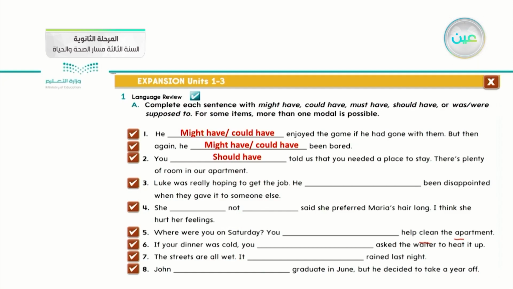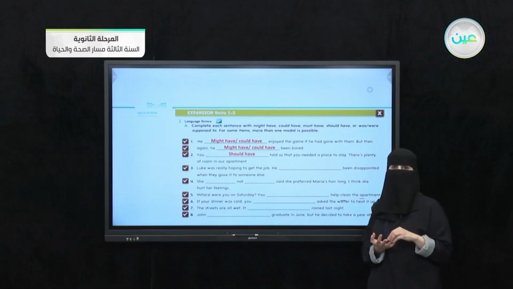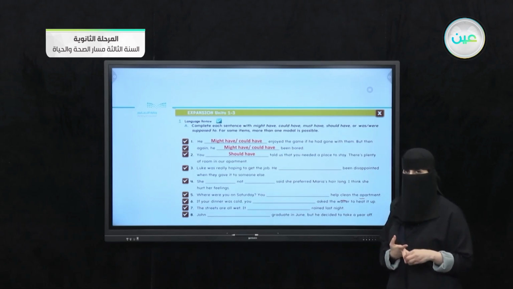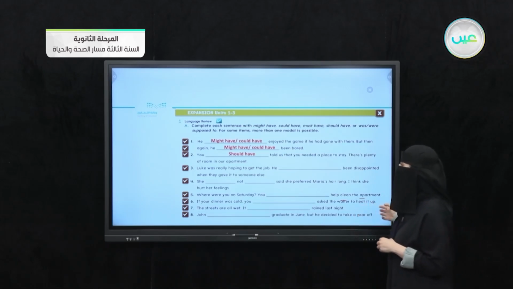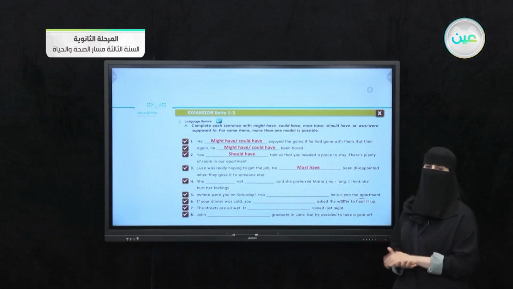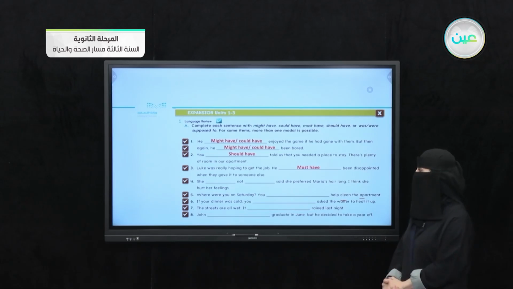Okay, number three: Luca was really hoping to get the job. He, space, disappointed when they gave it to someone else. So what do you think the suitable past modal is? Is it could have, should have, must have, or was or were supposed to? What do you think it is? So he must have been disappointed is the suitable one for the sentence.